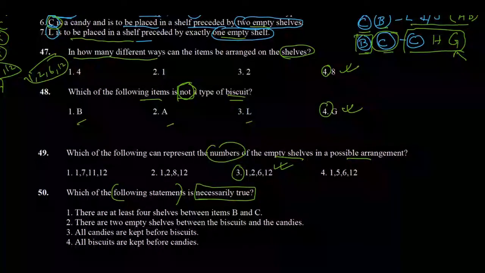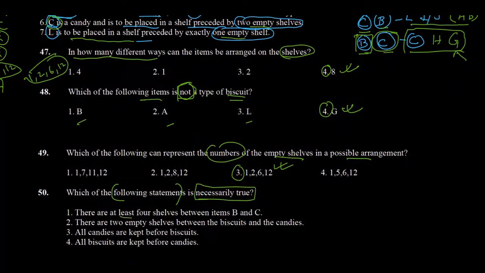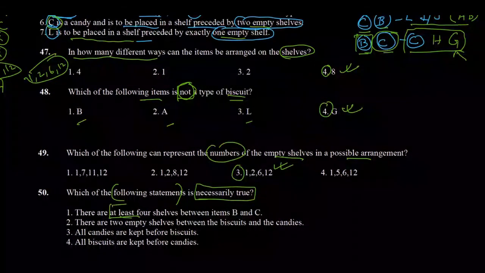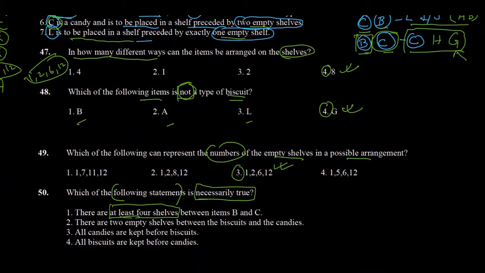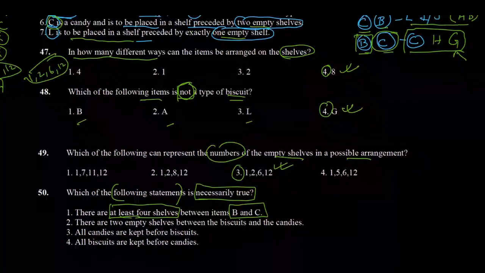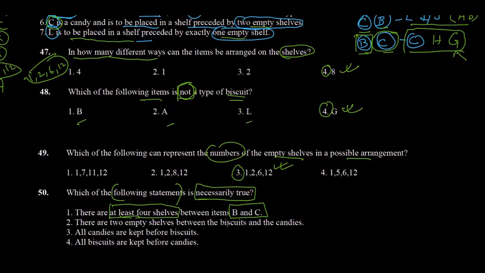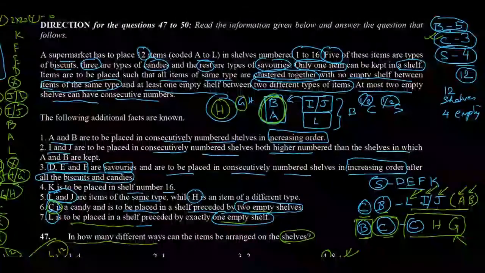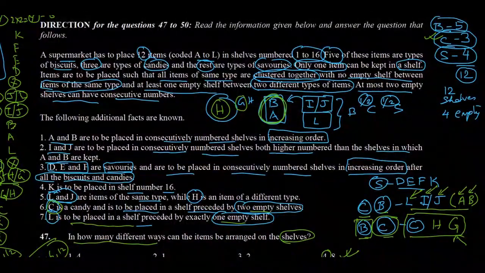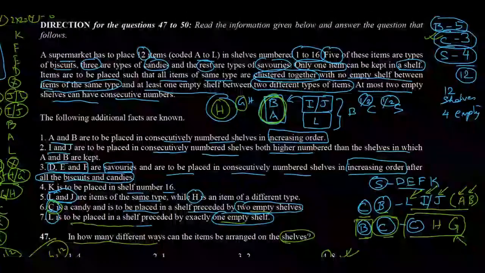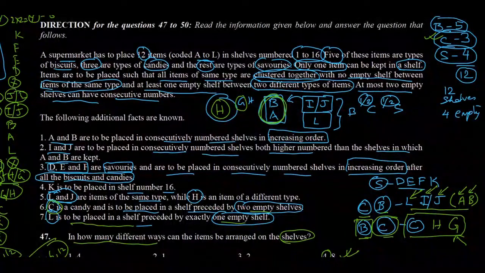Let's see the options. First one says, there are at least 4 shelves between B and C. Let's check that out. So in the first case, B is in shelf 4 and C is in shelf 9.